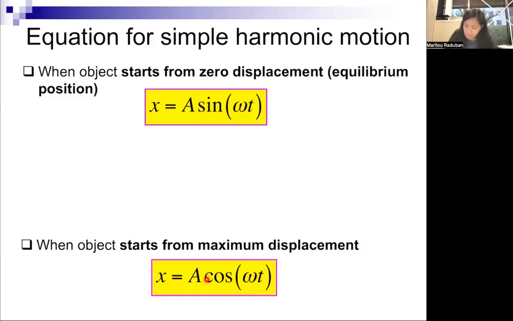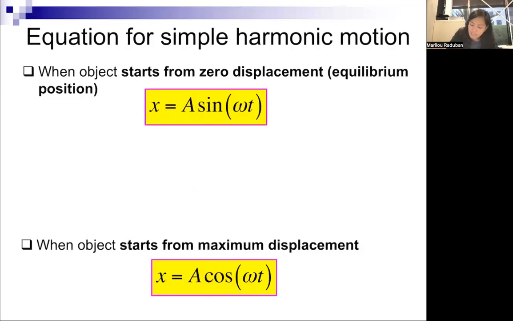Notice how it has this similar form: x is equal to A sine omega t, and x is equal to A cosine omega t. So there are two possible cases for the mathematical equation that describes the simple harmonic motion.